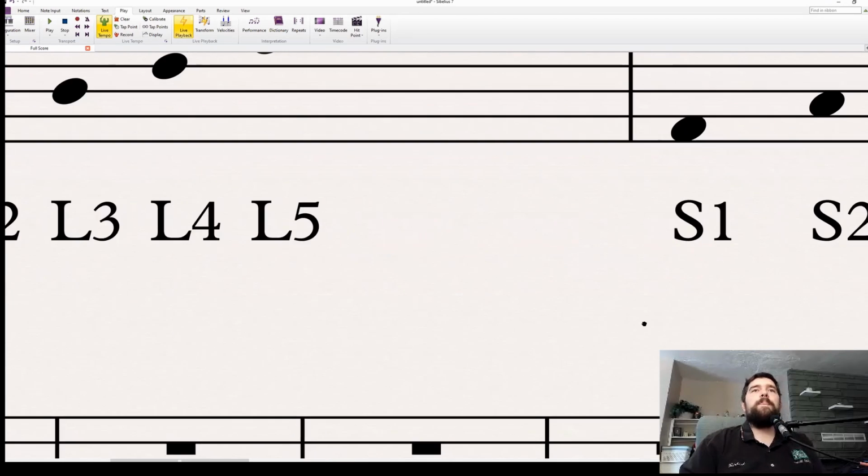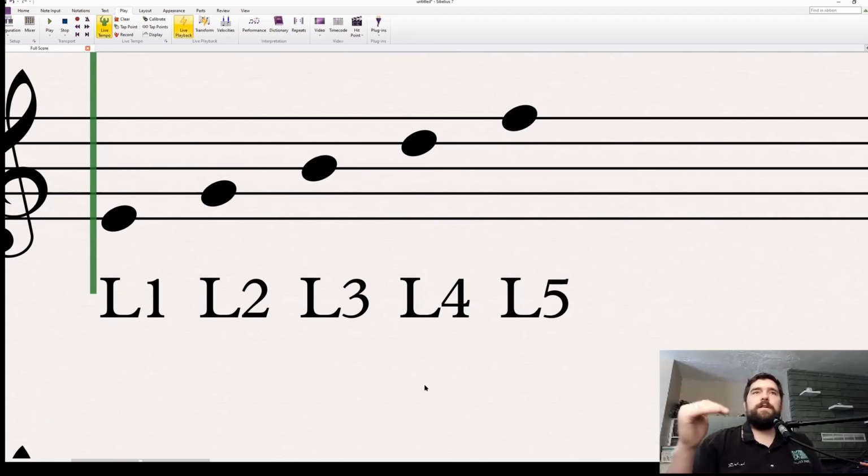All right, now the next thing to learn about these lines and spaces is that each line and space has its own name. Okay, so this one is line 1. Notice that line is at the very bottom. Okay, we start counting from the bottom and then we go up from there.